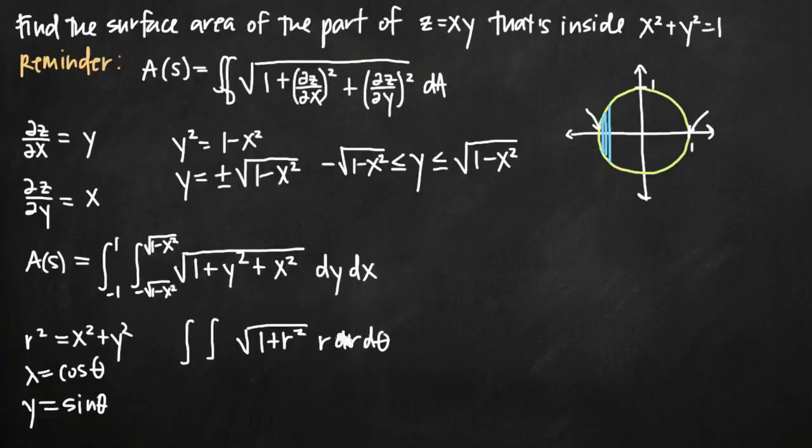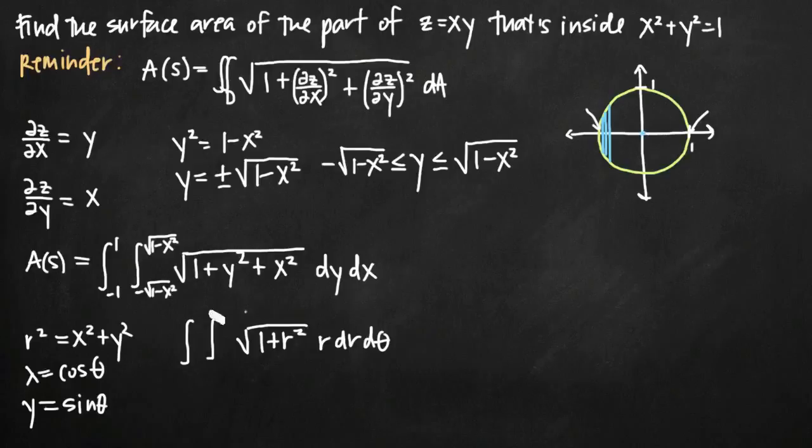Now because here we're integrating first with respect to r, because dr is on the inside, our inside integral is going to need to have limits of integration with respect to r. Well, if we look here at our circle, the lowest value that r can attain, if we are treating this now as a polar coordinate plane, is 0, which is right here at the origin, right?